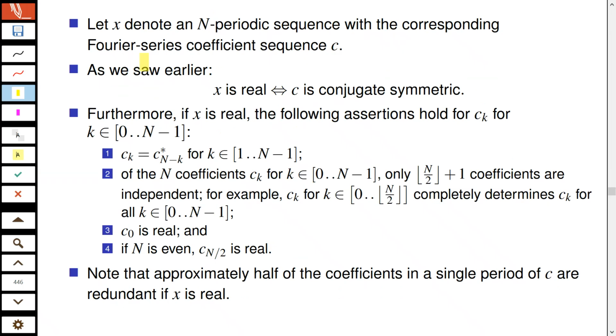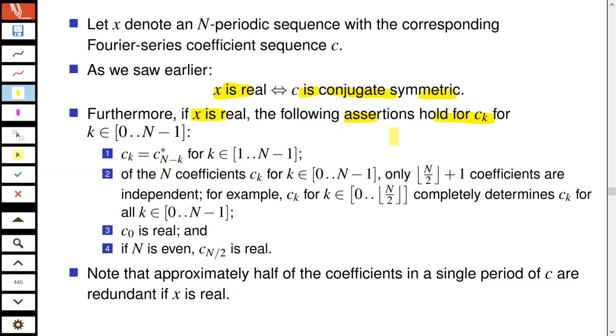Yeah, there are some interesting properties that if you happen to know that X is real, then this has to be conjugate symmetric. But this is something you knew already. But this is not the only thing you can say. If X is real, there are other things which you can say, with other observations.